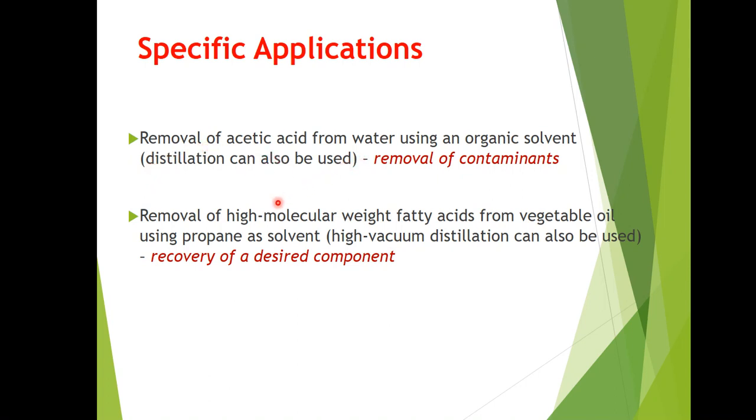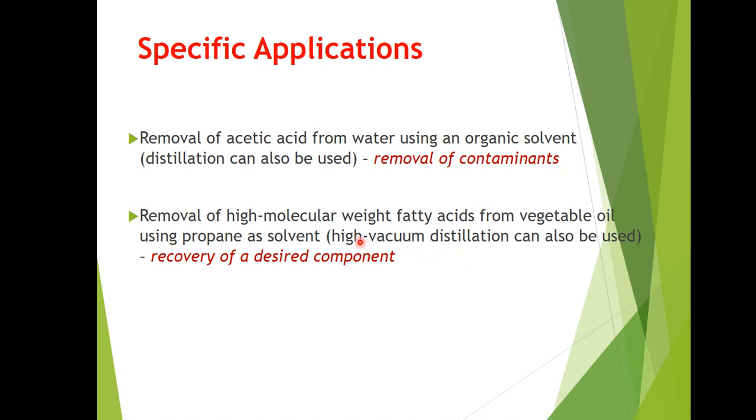Now, another one is the removal of high molecular weight fatty acids from vegetable oil using propane as solvent. When we remove these acids from vegetable oil, we use either liquid extraction or, as an alternative, high vacuum distillation.